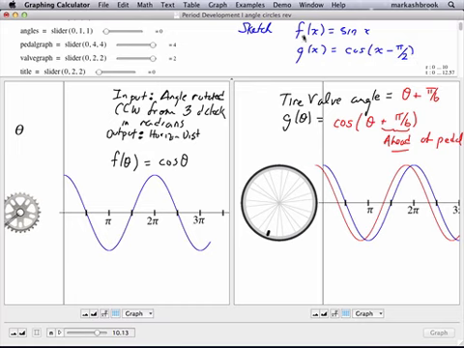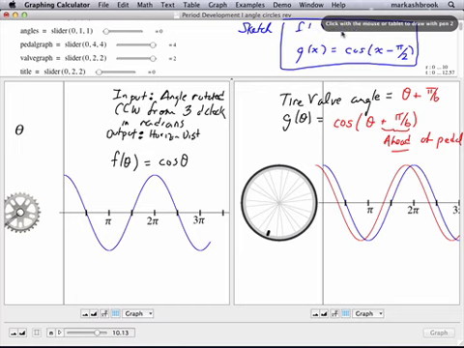Use what you've learned through the bicycle example to sketch. Actually, you don't sketch sine x. Just sketch cosine of x minus pi over 2. Use what we just learned. You can start by sketching cosine x, and from that, sketch cosine of x minus pi over 2.